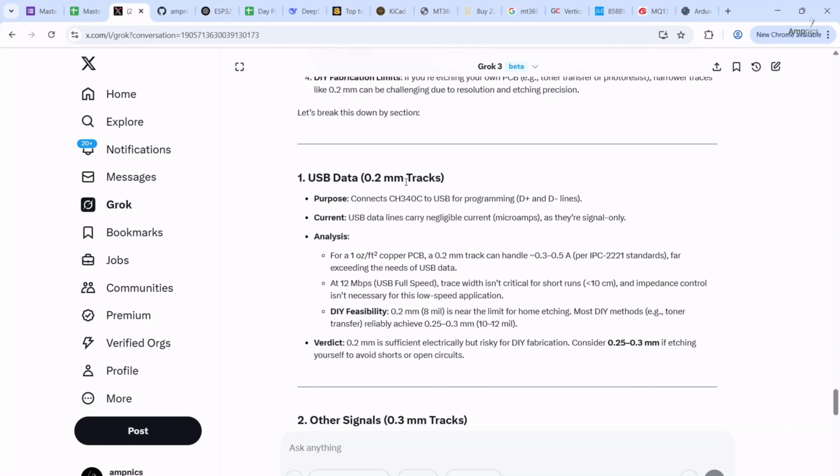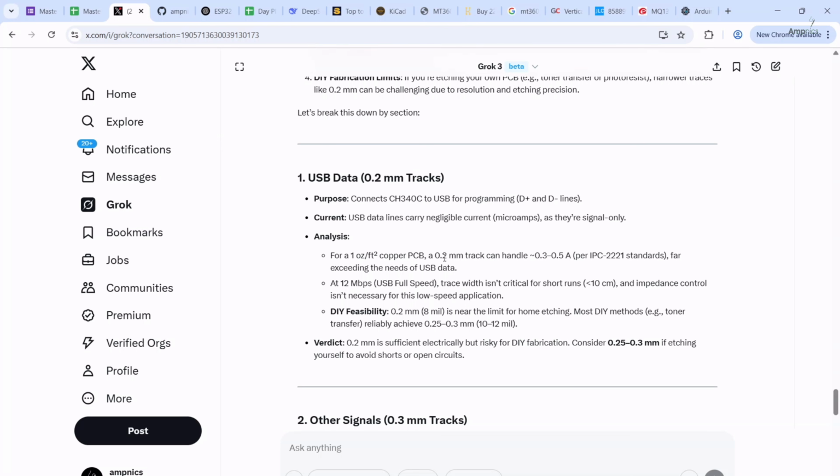So USB 0.2 mm connects the CH340C with the data plus and data minus lines. So yes, 0.2 mm is sufficient electrically, but risky for fabrication. Consider 2.5 or 3. Well, 3 is not possible on our board, but I have already tested, so 0.2 is also fine for me.